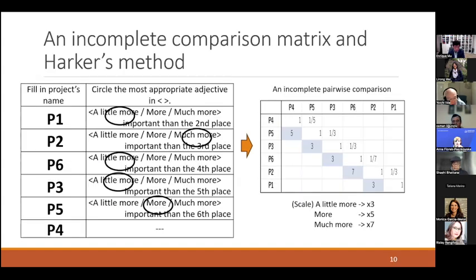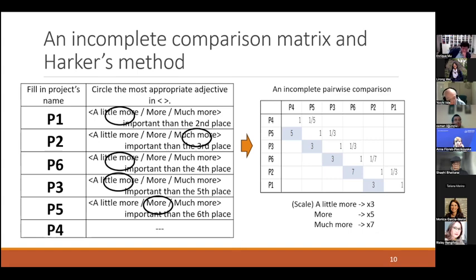Now, we move on to the main topic of today's presentation. The importance values calculated in the manner described earlier were found to be equivalent to values calculated using the following method.